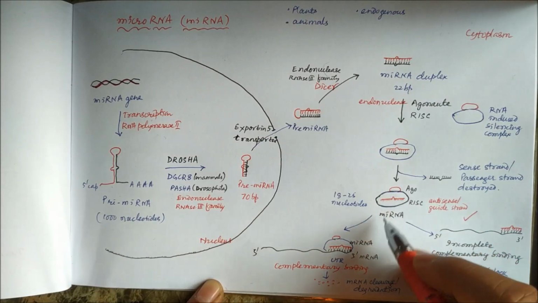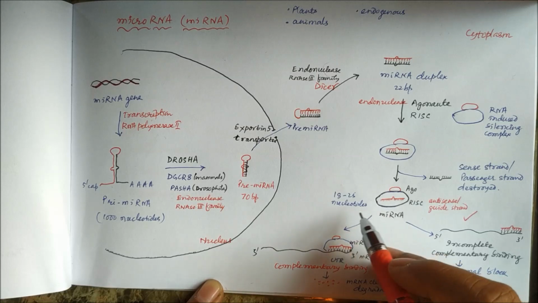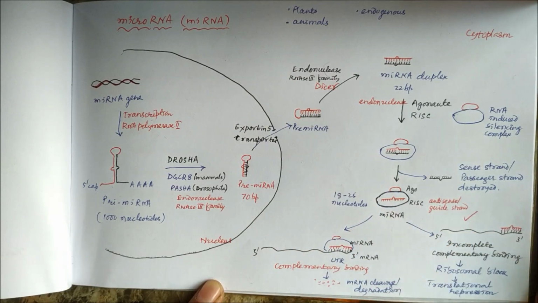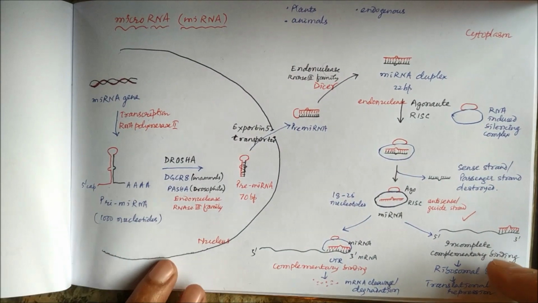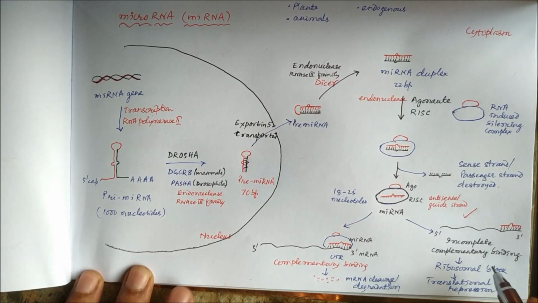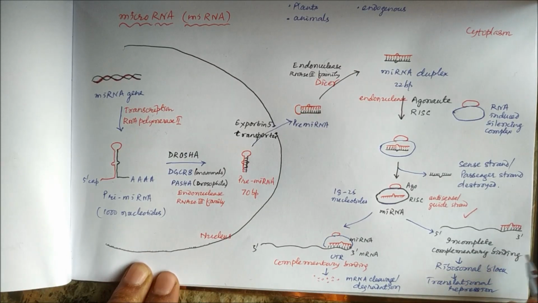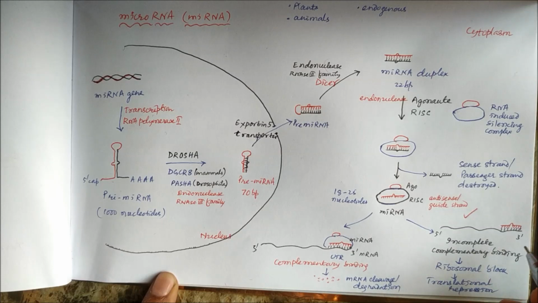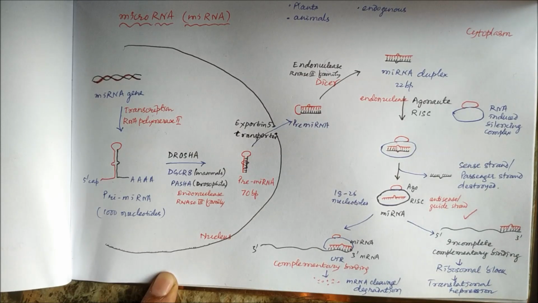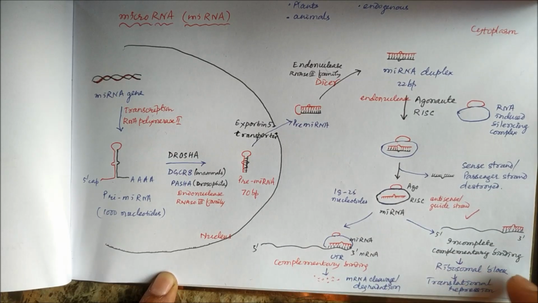and we call it the microRNA, which has 18 to 25 nucleotides, approximately 22 nucleotides. Mostly this microRNA will have partial complementary binding with the untranslated region of the 3' end of the messenger RNA, and this incomplete or partial complementary binding blocks the ribosome.